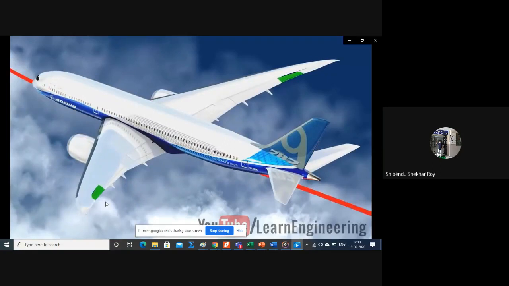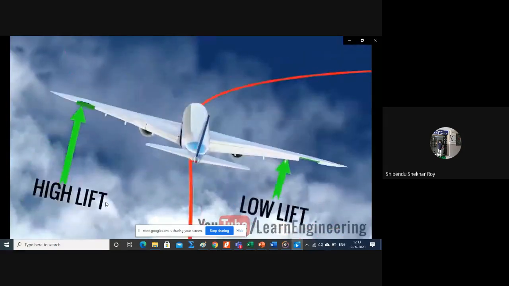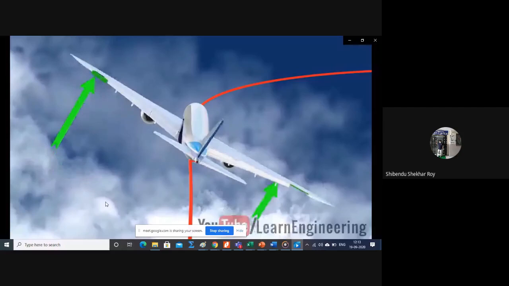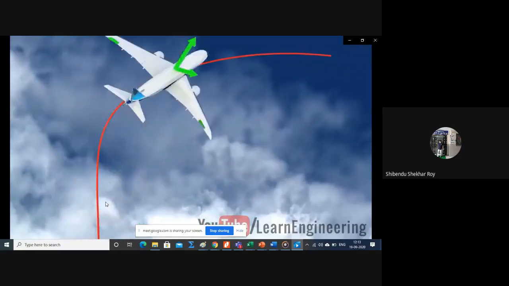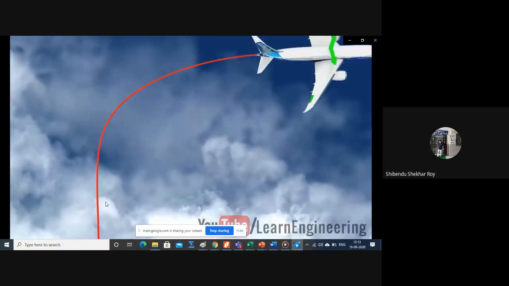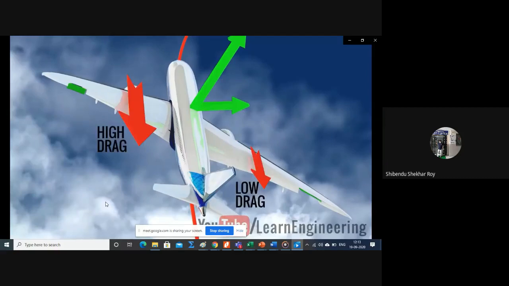That has been explained here. See that portion, see the little change in the wings, that particular flap. So there is a change in the lift in the left wing and the right wing.